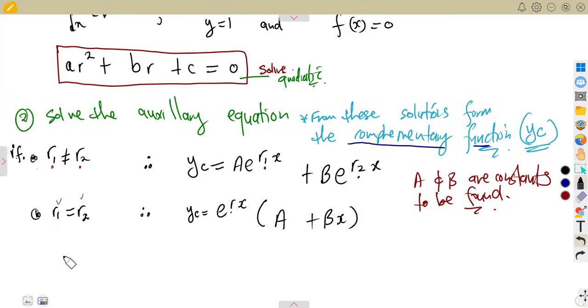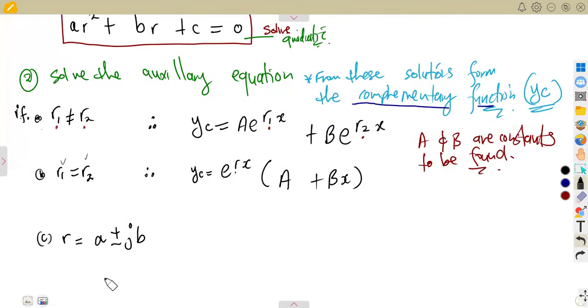It is the same thing again if you've got a condition where the solutions that we have there are complex solutions. Complex solutions, we're going to see them in the form of A plus or minus jB, or we can use the letter i to represent the complex solutions.